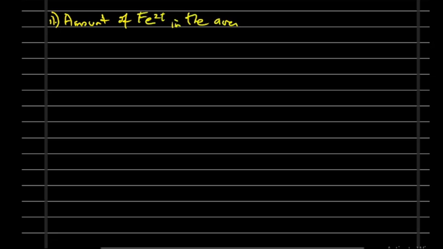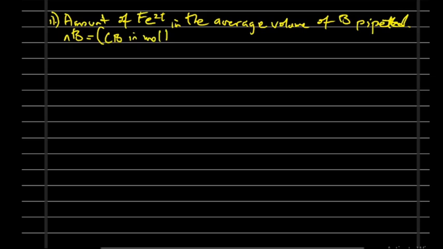The formula we'll be using is NB equals the concentration of B in moles per dm cube times the volume of B in dm cube.